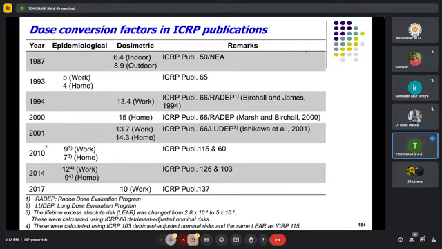After nine years, ICRP Publication 115 gave new values based on the epidemiological data: 9 millisievert per working level month at work, 7 at home.